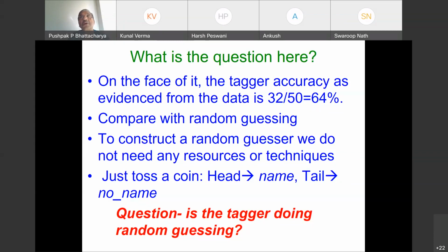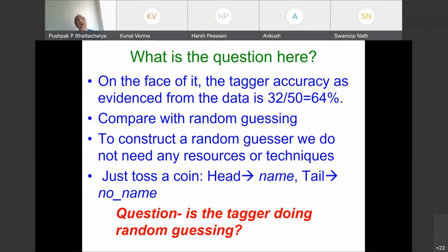Maybe I'll have to revisit my baseline comment and so on. We are trying to find out if the named entity identifier is doing random guessing or not.